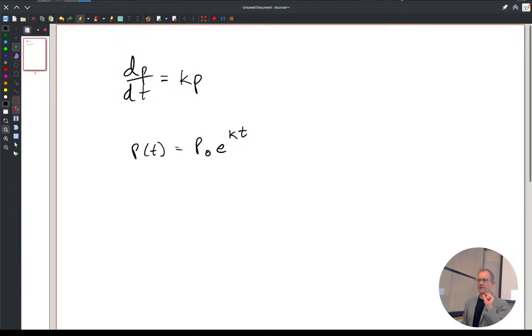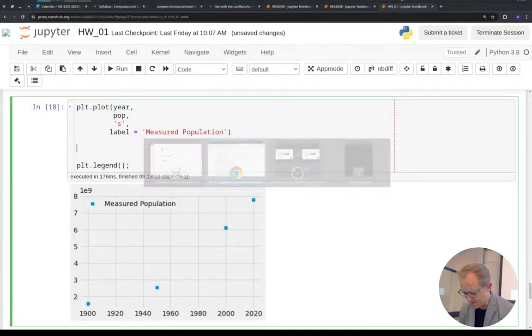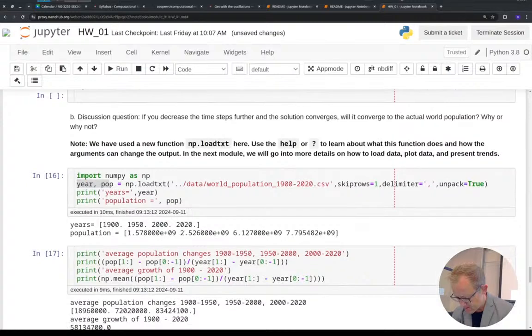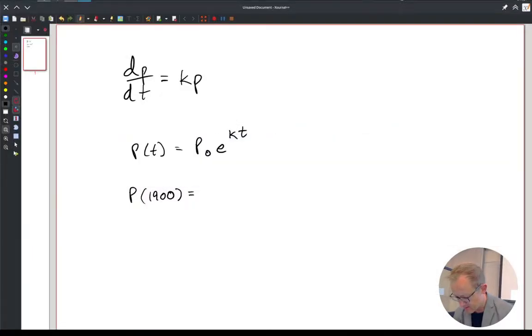But I don't have the population at year 0. I have the population at the year 1900. So that's what I want to use as my year 0. So I'm going to say the population of 1900, and what is it, 1.6 billion, something like that? Yeah, 1.6 billion.